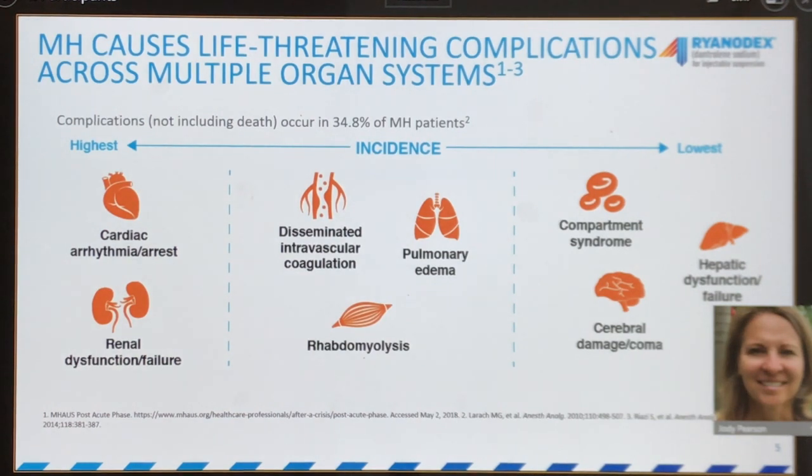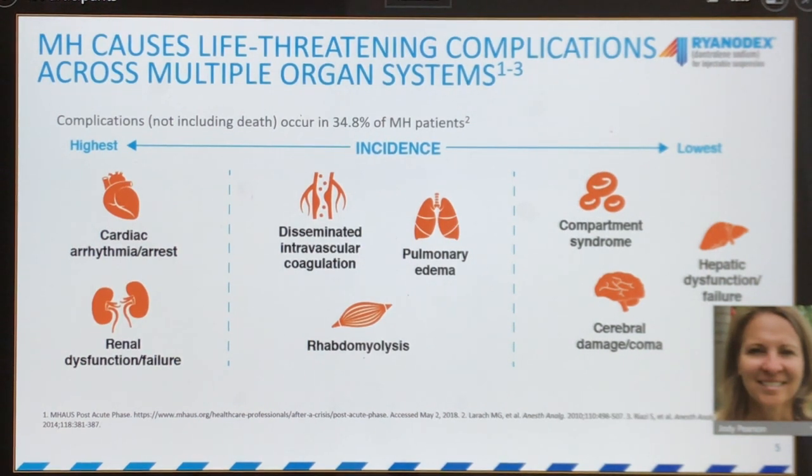This slide here looks at the MH causes, the life-threatening complications that can occur across multiple organ systems. And this was largely based on a study by Larach in Anesthesia & Analgesia in 2010. What's important to note here is that complications are still occurring in up to 35% of MH patients.